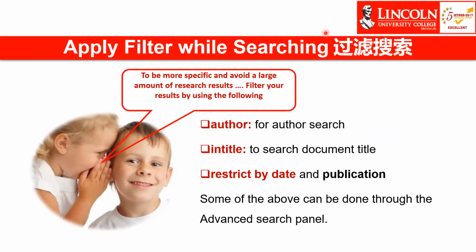Now, also, you need to know how to apply filters, to be more specific and avoid a large amount of research results. Filter your results by using author, in title, or restrict by date.